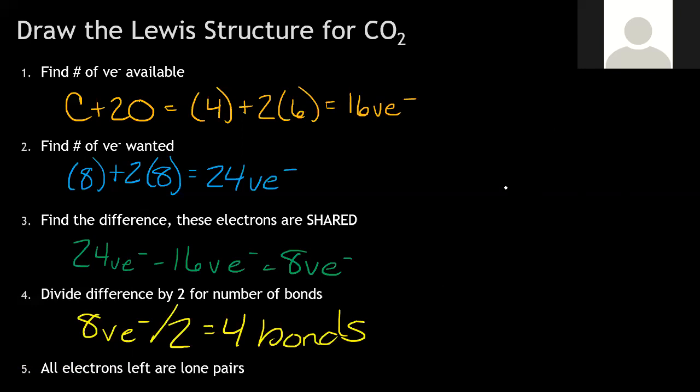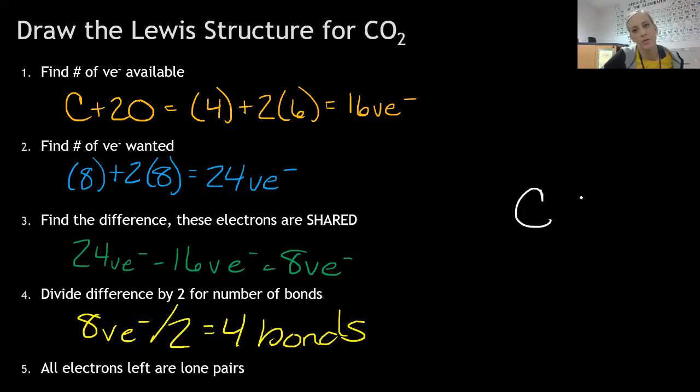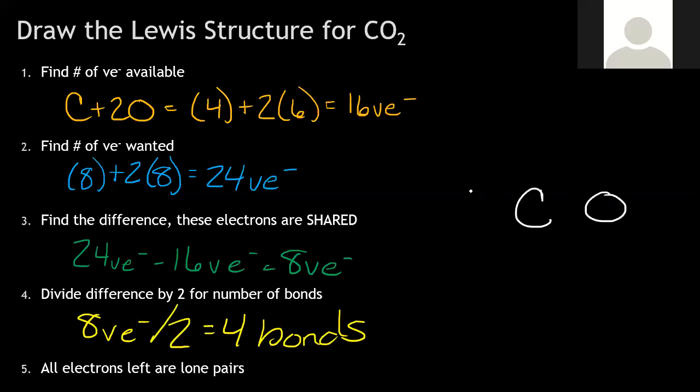All right, Sangeet, what do I do now? So because there's only 2 oxygen atoms, you're gonna have a double bond. And so you're gonna start drawing it with the C in the middle. Yep, C is always central. And then the 2 O's are going to be on the left and the right.